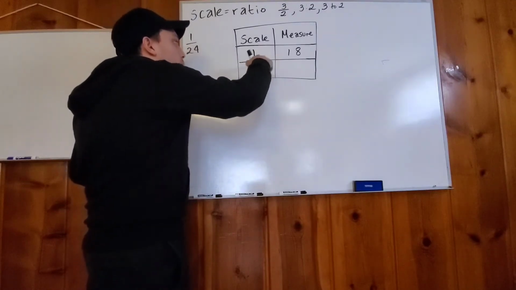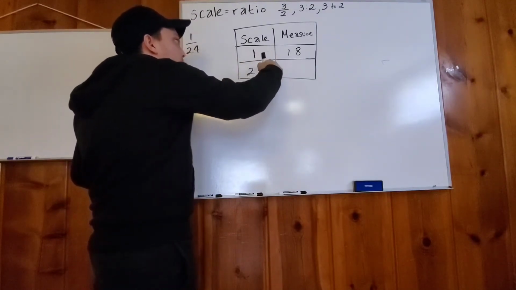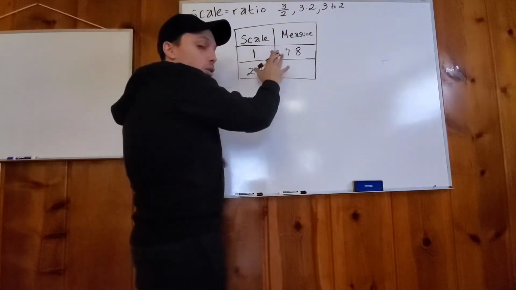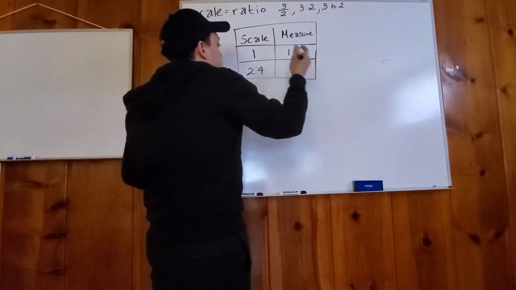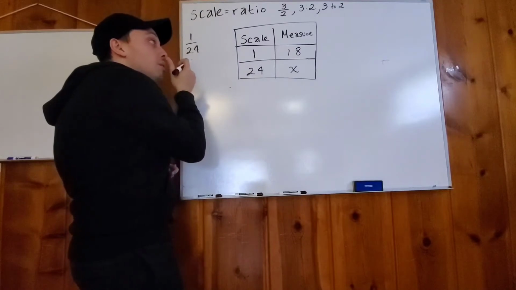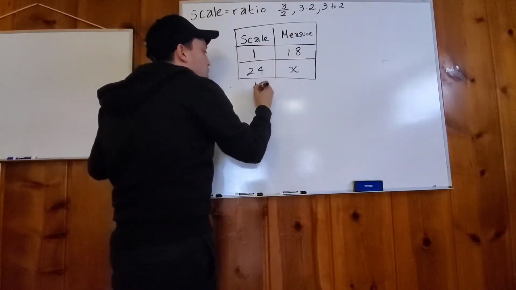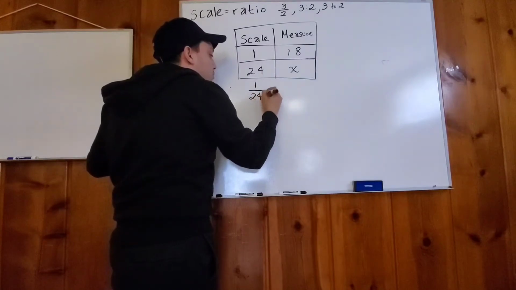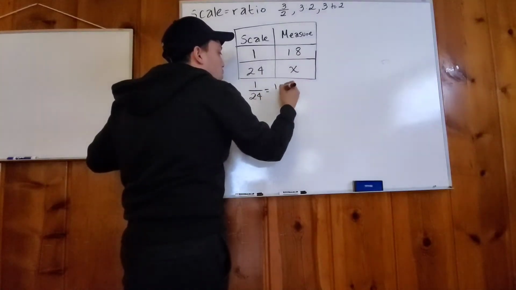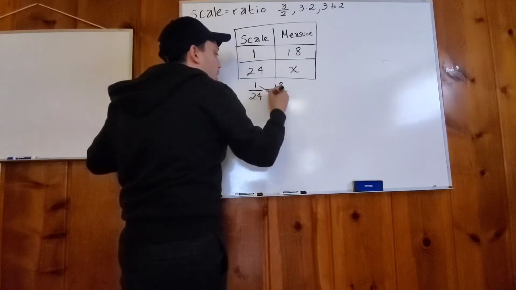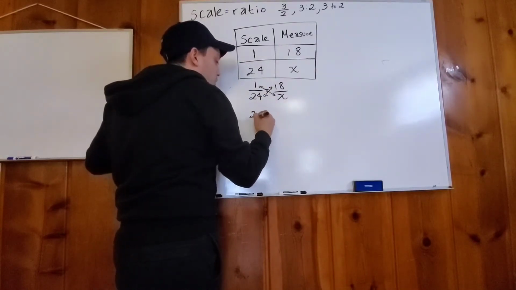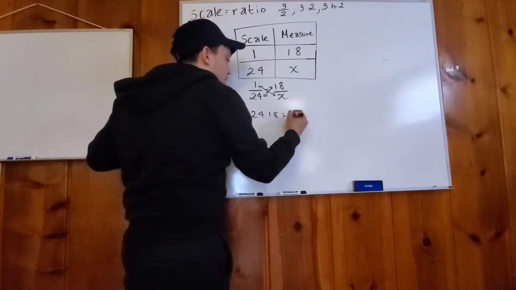And so what we need to do is we take this as the scale. So you have to make the little table. One of the reasons we always tell you to do the table is because it's going to make it easier for you to do the proportion, which is going to be 1 over 24 equals 18 over x. And then you cross multiply, and it's going to be 24 times 18 equals x.